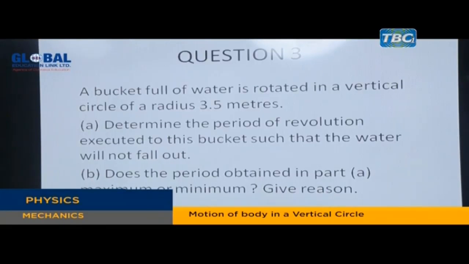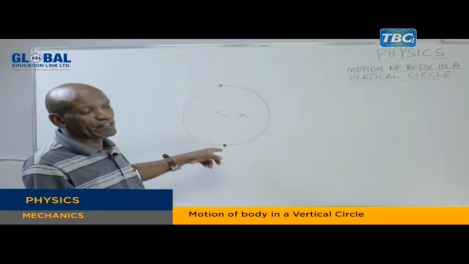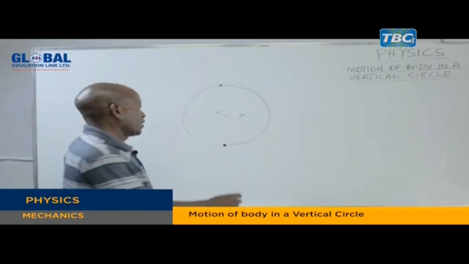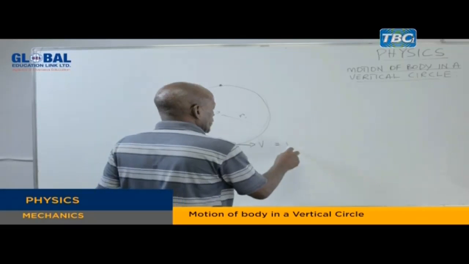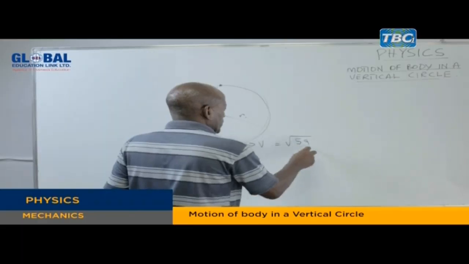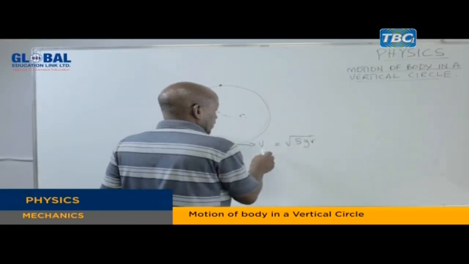To determine the period, we use the minimum velocity whenever it's passing at the bottom. That velocity v is equal to the square root of 5 times g times r.